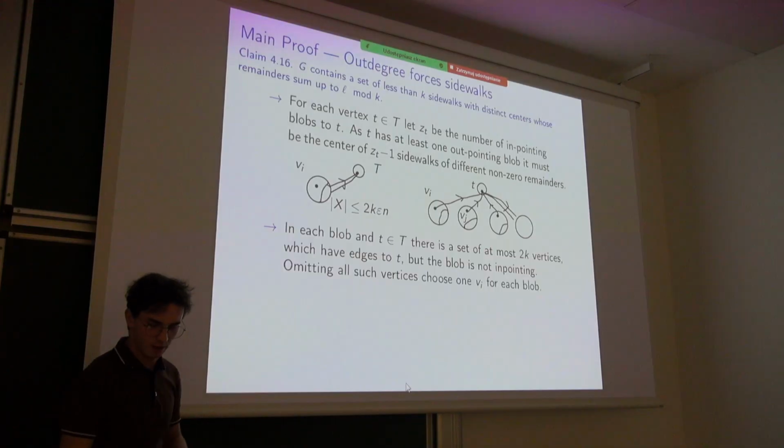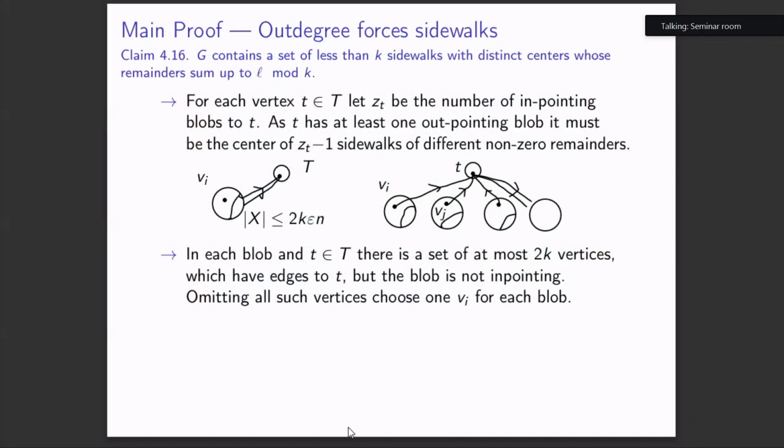Okay, and now for each blob, and vertex T in the trash set, we look at vertices that are connected to it. Well, we basically want to remove some set of problematic vertices from every blob. And what we mean by problematic, well, what would be problematic?